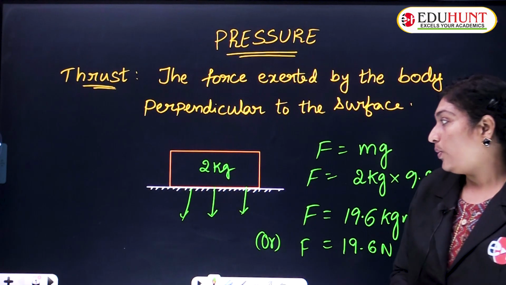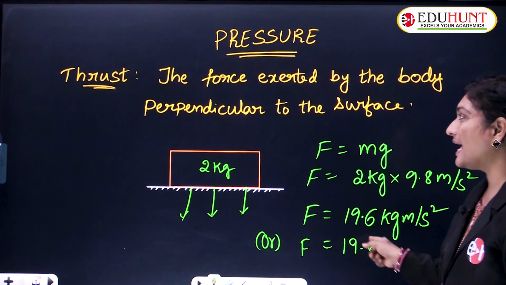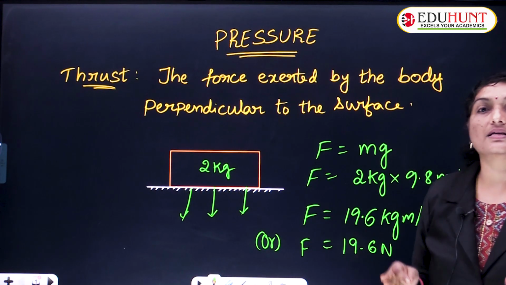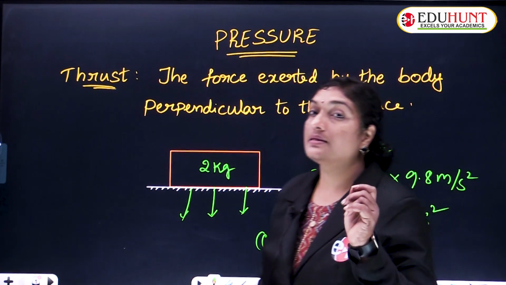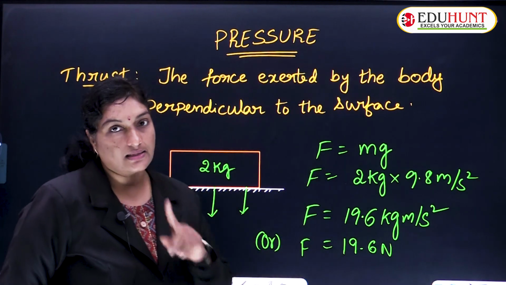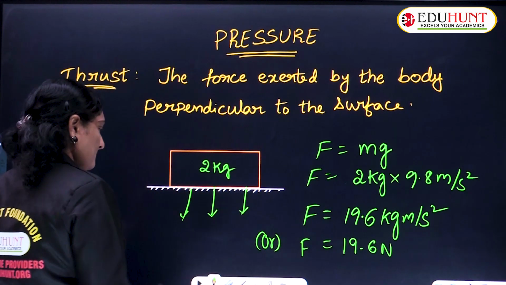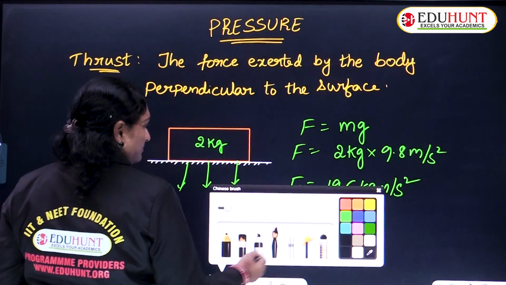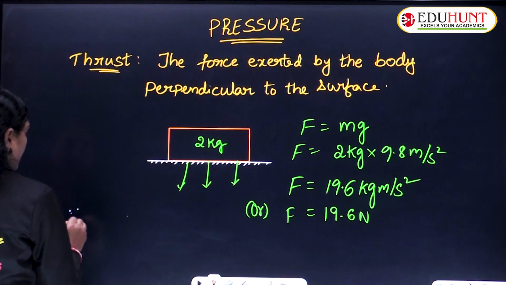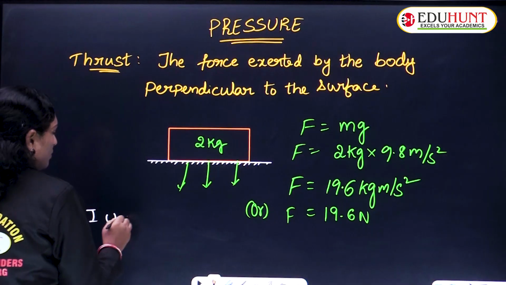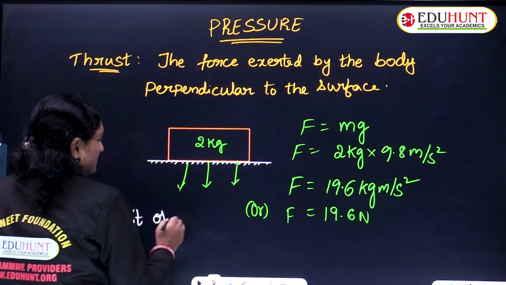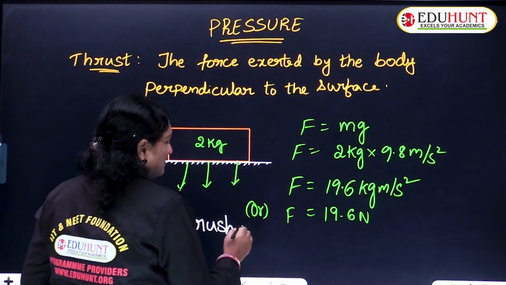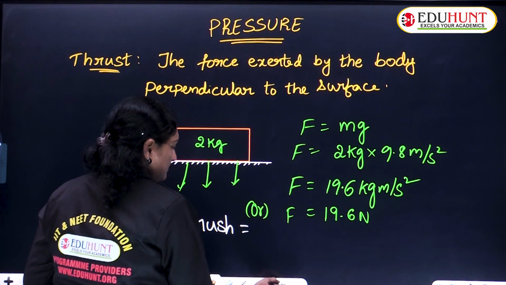So the SI unit of thrust is Newton, whereas the CGS unit of thrust is dyne. Let me write the same, children. SI unit of thrust: Newton.